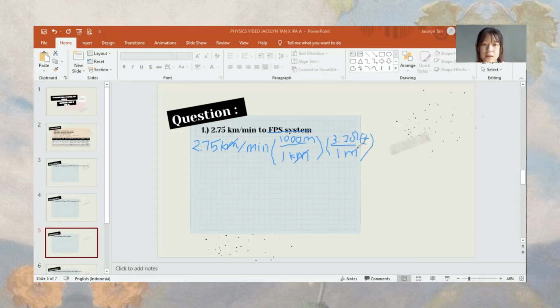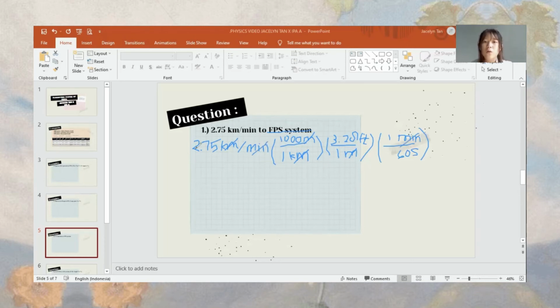So we can cancel it, and we know 1 minute is 60 seconds, so we can cancel it.